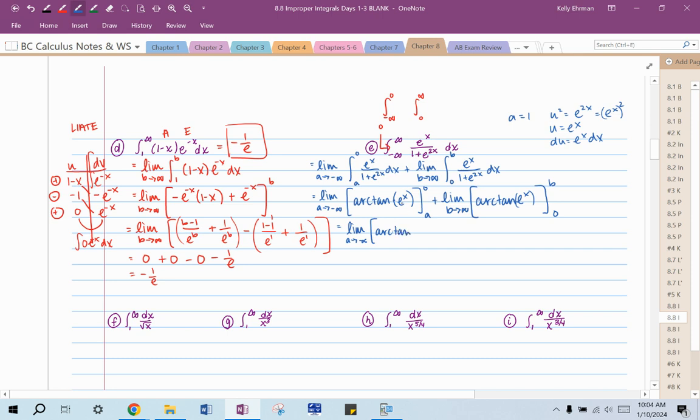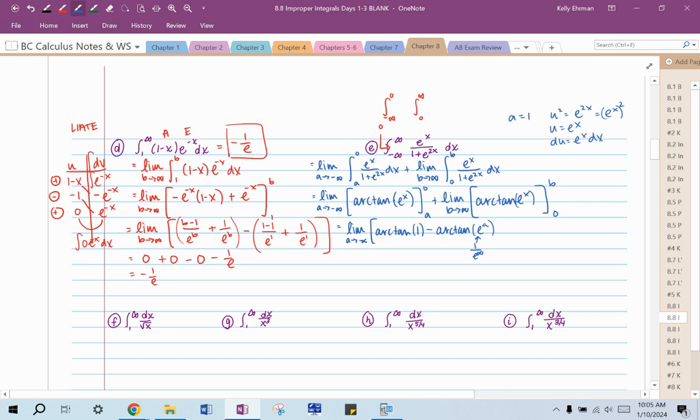All right, now keep my limit notation and plug in the numbers. Arctangent of e to the 0, so arctangent of 1, minus arctangent of, be careful right here, it's e to the a, but pay attention to what a is equal to. So I'm going to write e to the a, but I might make a note to myself, that's really 1 over e to the infinity, because it's e to the negative infinity.